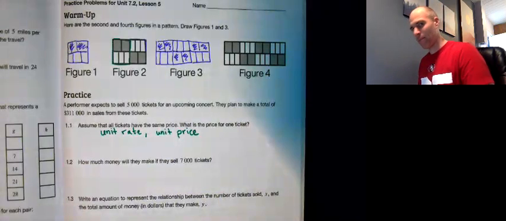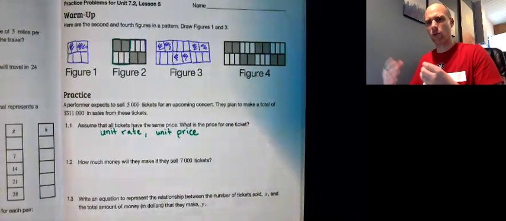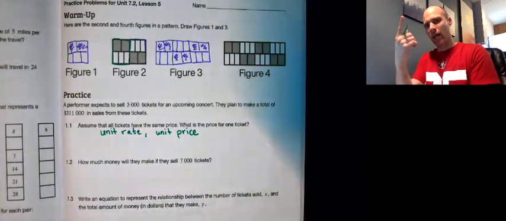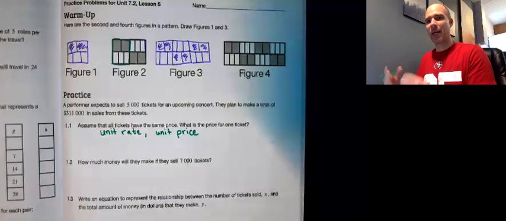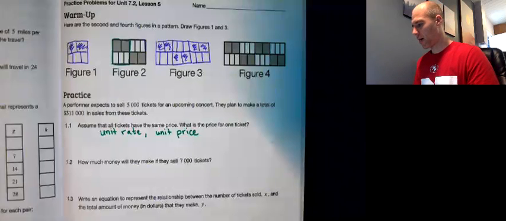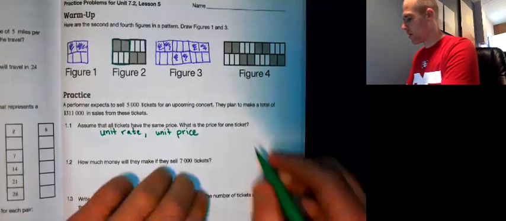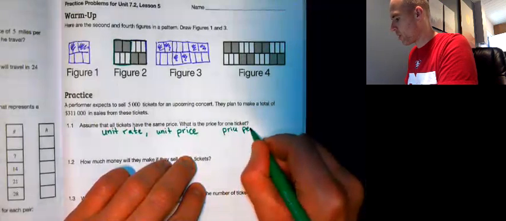In math, unit just means one. So when you say unit rate, you're talking about how much does it cost for one, or how much of this can I get for one. All right, so we want the price for one ticket. So we can call that the price per ticket.